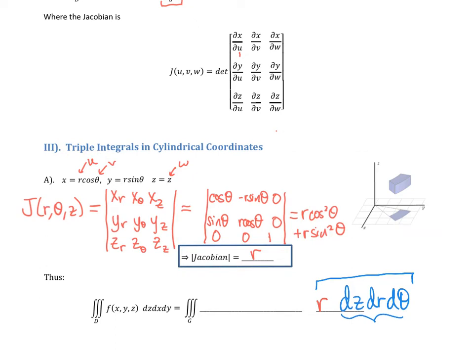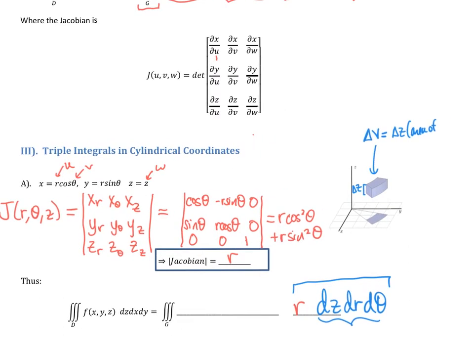Up in this picture here, I want you to think of delta V as the volume of this polar rectangular box, right? And so I'm going to need the height, which we'll call delta z, times the area of the base. But notice that we found the area of the base before, because that's exactly what we were doing in polar.